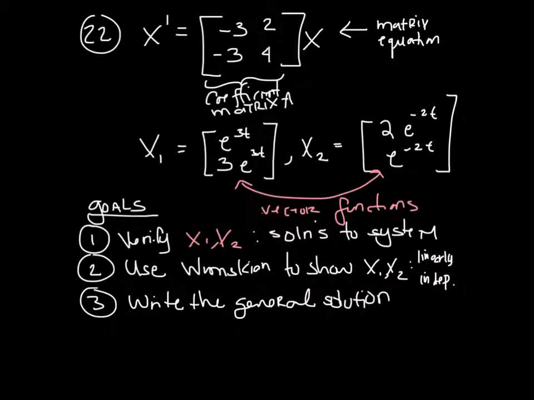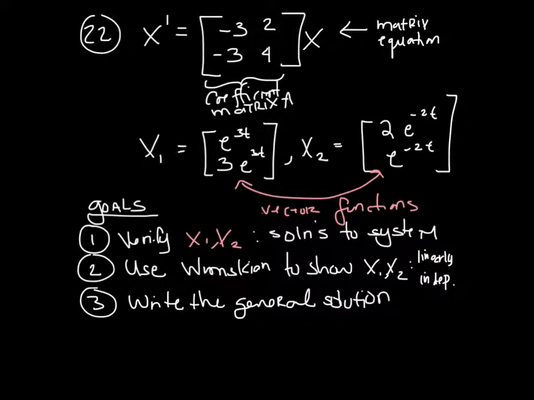Here's our matrix equation, and we're given the solutions of this matrix equation, which are vector functions. Notice they're 2 by 1 solutions, and the question in the book first asks us to verify that these two vector functions are solutions to the system, and that's pretty easy.